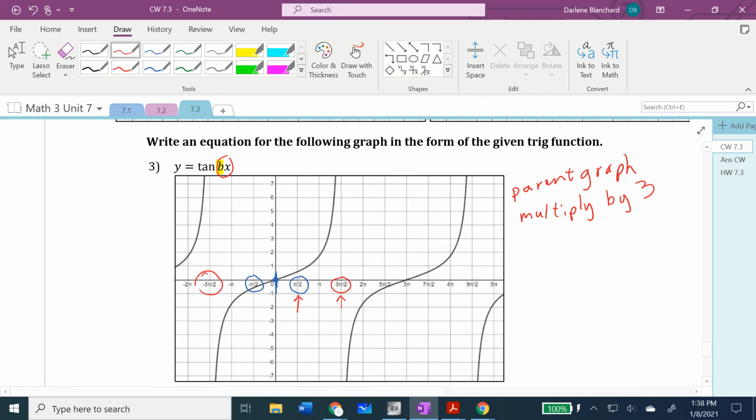Wait, Miss Blanchard. Yeah. I thought for the regular tan graph, at pi over 2, I thought that would be 1. Isn't it? You know, I may have confused you by changing the layout of the tick marks.